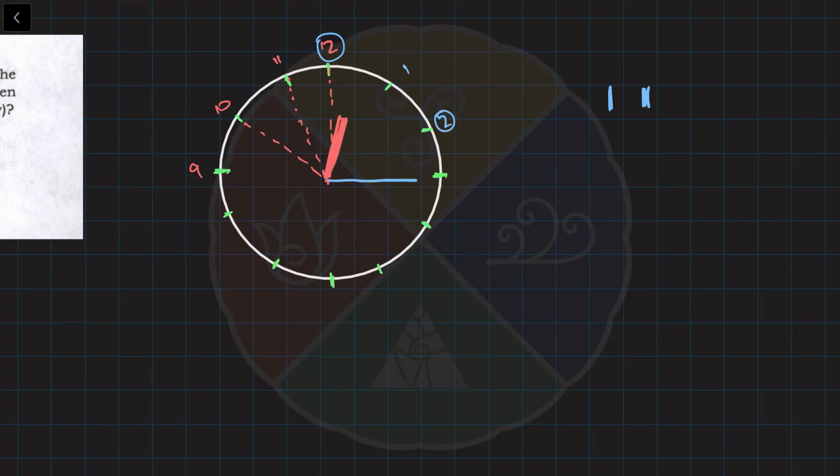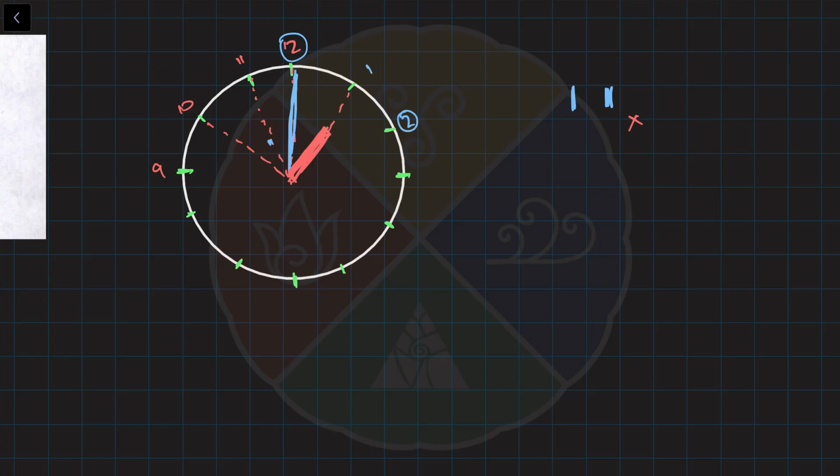The minute hand keeps moving, and the hour hand again moves slightly. Let's say the minute hand reached here, and by that time the hour hand would be completely facing here. So interestingly, between 12 and 1 there is no meeting, because the minute hand travels before, and the hour hand is in the backside all the time. So there is no meeting.